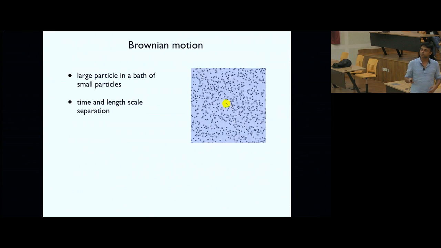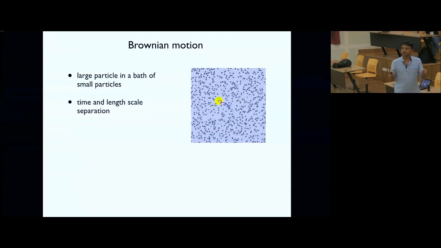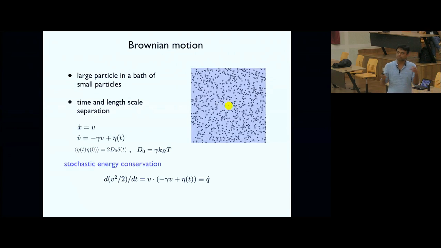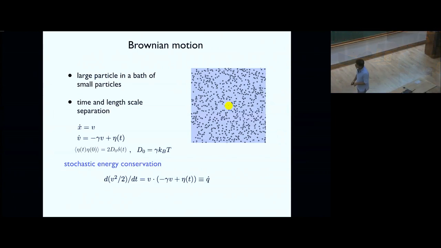The larger particle will undergo random movement in this bath, and one can write down the equations in terms of the position and the velocity, where this part is the energy, and this part is the forces coming from the heat bath. So this is the dissipative part, and that's the fluctuation, and I obey the fluctuation dissipation relation. So if I switch off all my activities, my system should go back to my equilibrium system.